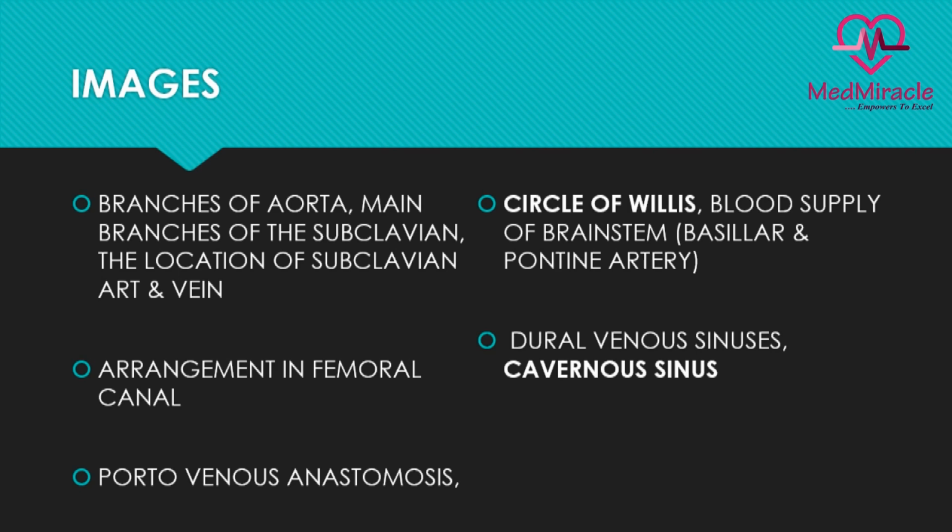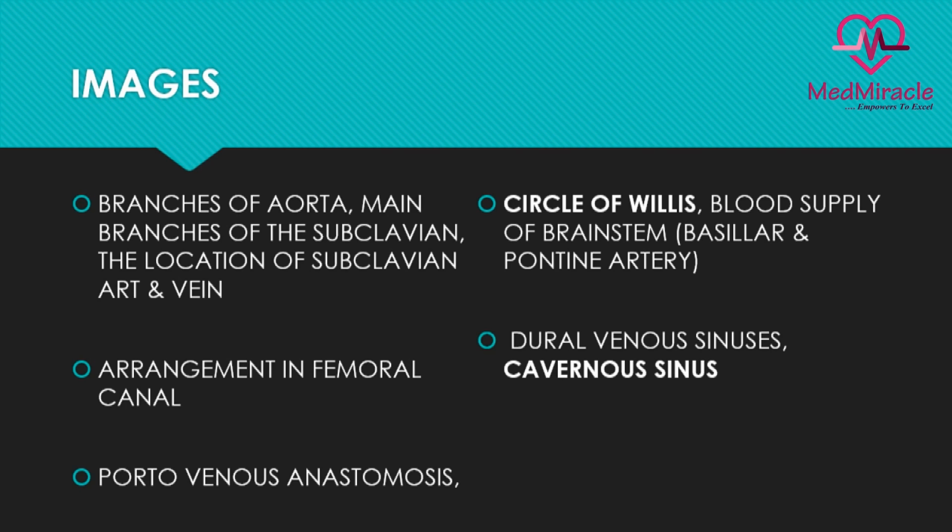Now we'll come to the image based aspect of anatomy. Again, there is not going to be much of a change, because both the theoretical and image based topics of anatomy are very similar, as most of the questions nowadays, especially in AIIMS as well as in NEET, are coming image based.